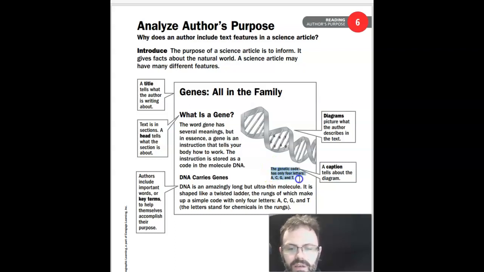So this caption here tells us about the diagram. So why did the author choose a caption explaining that it has 4 letters, A, C, G, and T? That could be a kind of question you might ask for today's active reading.